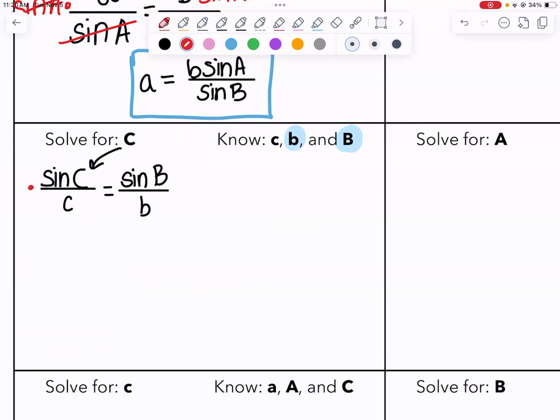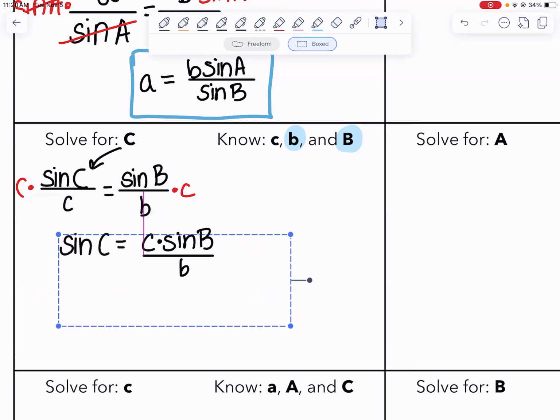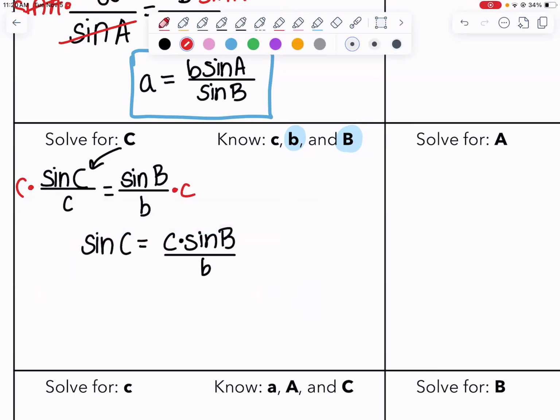To get sine of angle C by itself, I would multiply both sides by c. You get sine of angle C is equal to c times sine of angle B over b. In order to get angle C all the way by itself, you would take sine inverse on both sides. We know that angle C will be an acute angle, so we don't need to worry about there being any issues with the domain.